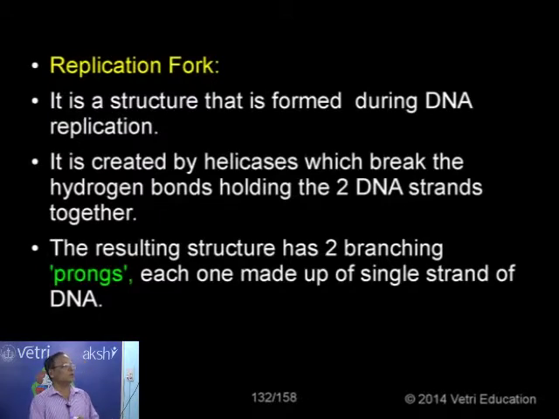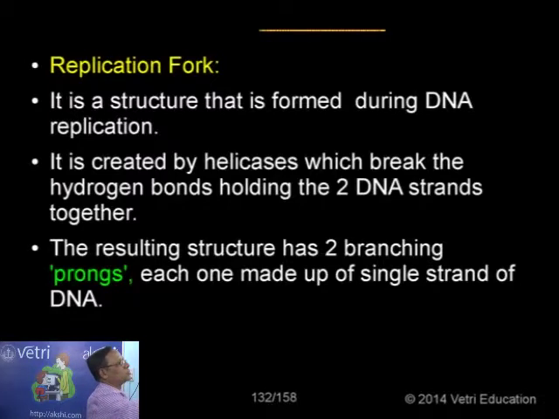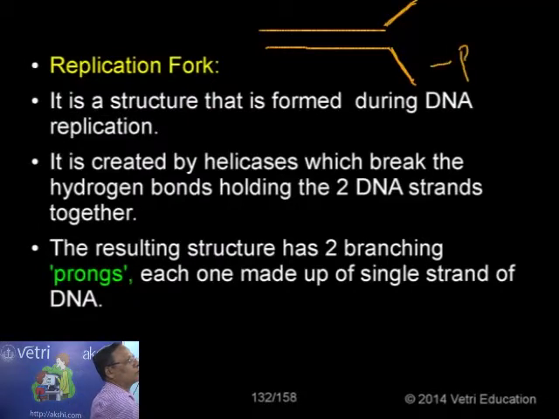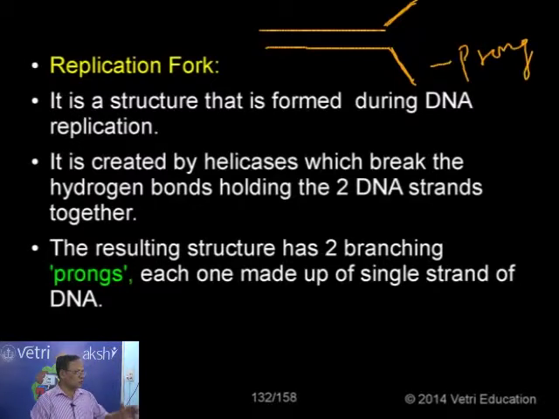As a result, what will happen? Suppose we have the two strands. Because of the unwinding of the DNA strands by the effect of the helicase enzyme, we have formed a structure having two branching prongs. This structure is called a replication fork.